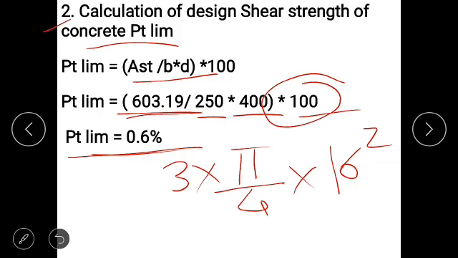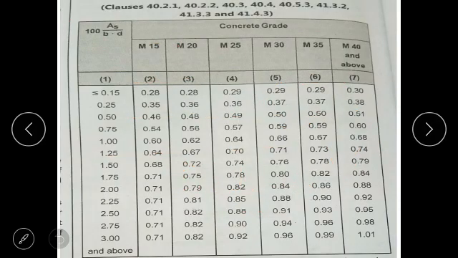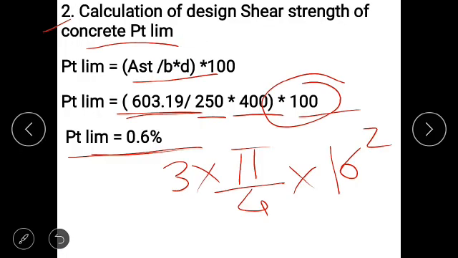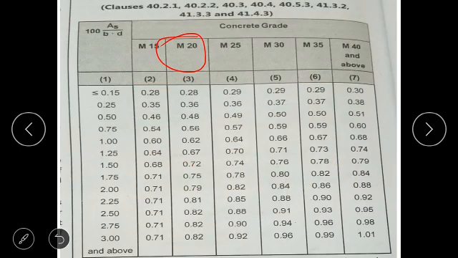If 0.6 percent is given, so here in the table our grade of concrete is M20 and our percentage is 0.6. In this table there is no value for 0.6, but for 0.5 the value for M20 is 0.48, and for 0.75 the value is 0.56. Between these two we get 0.6.